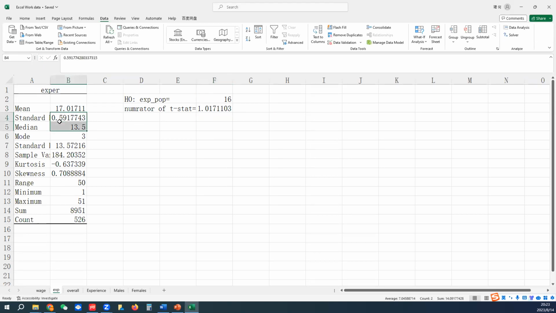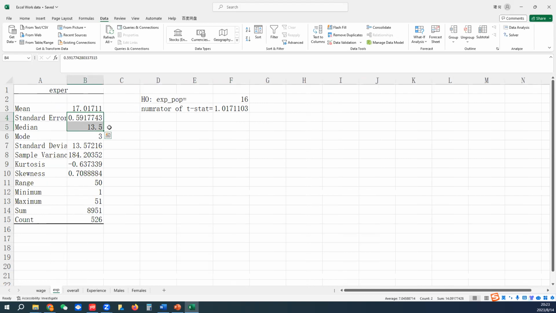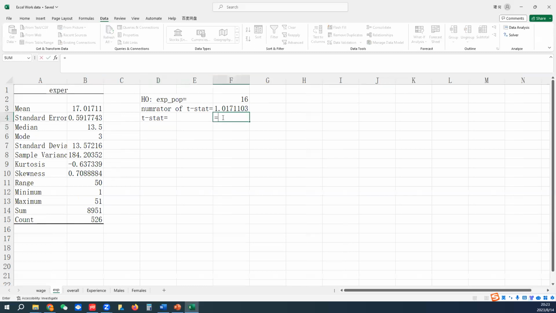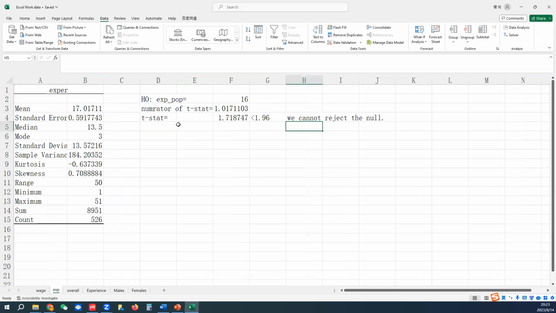Here the standard error is the row underneath. So we can calculate the t-stat, which is the numerator over the denominator, the standard error: 1.71. So that is smaller than 1.96. So we cannot reject the null.